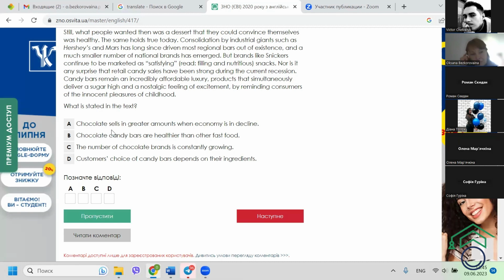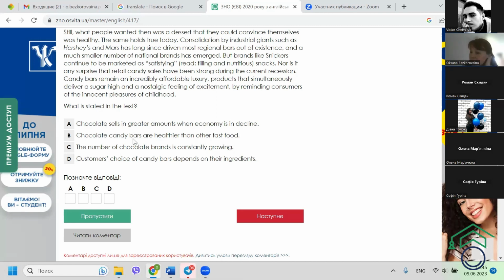Chocolate sells in great amounts when economy is in decline. Decline, yeah? Шоколад продається у великій кількості, коли економіка на спаді.